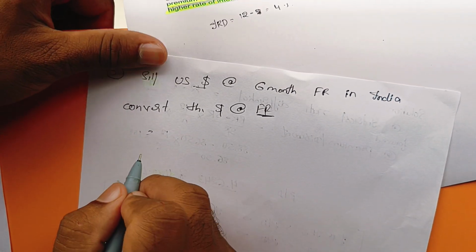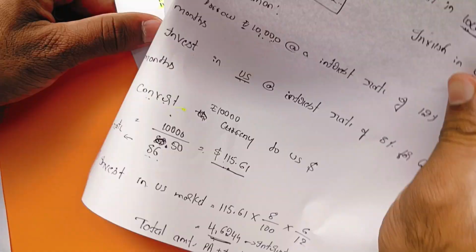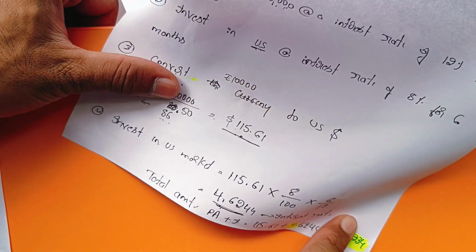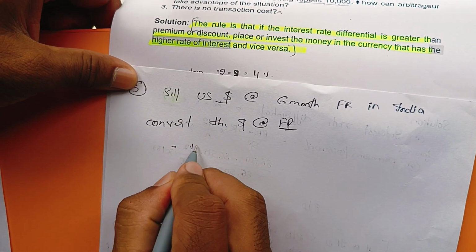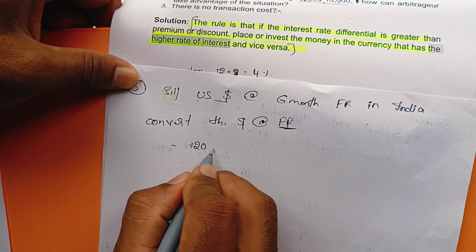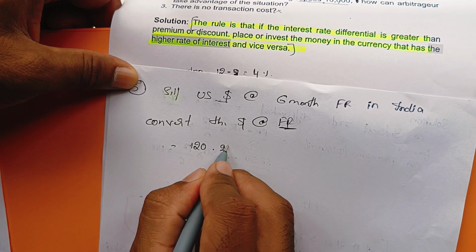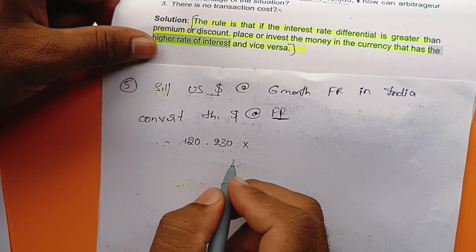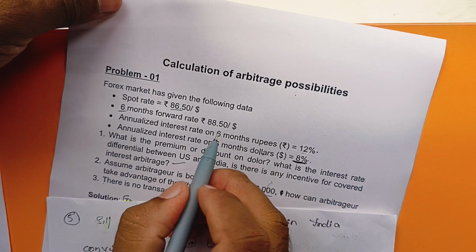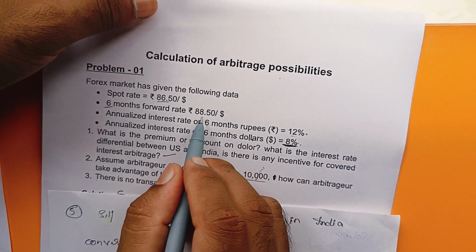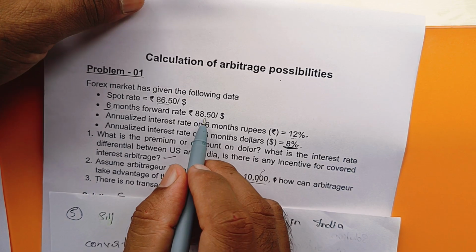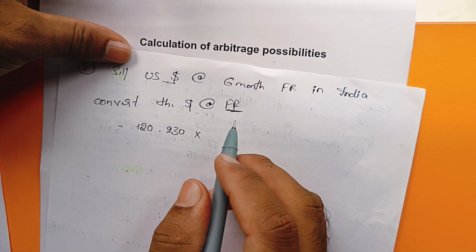Then how much dollar is he having? What is the total value of dollar? He is having $120. 120.236 for $1. What is the forward rate? For $1, what is the forward rate? The forward rate is 88.50.